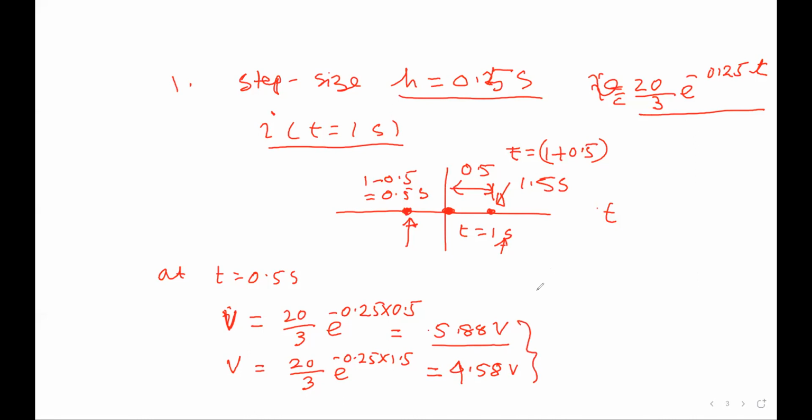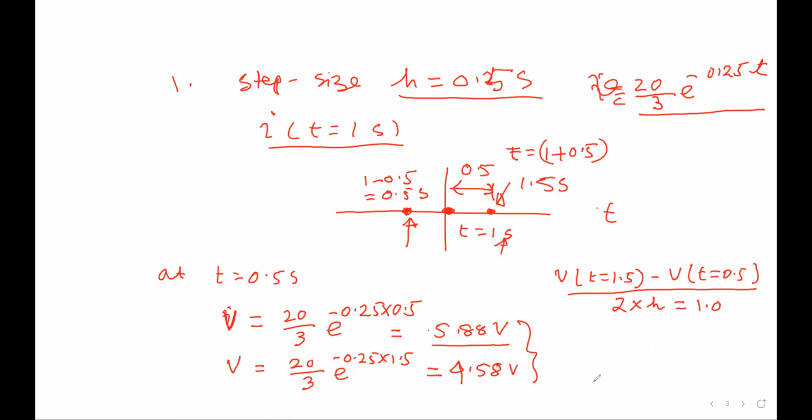Then your differentiation would be equal to the value of your voltage at time t equal to 1.5 second minus the value of your voltage at t equal to 0.5 second, divided by 2 into step size, which is equal to 1, because your step size was equal to 0.5. Is that clear?